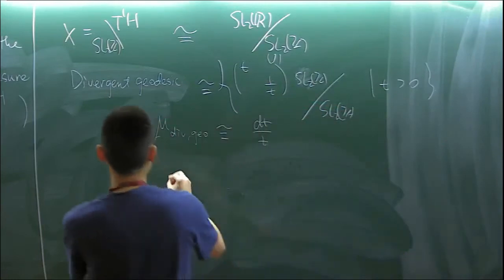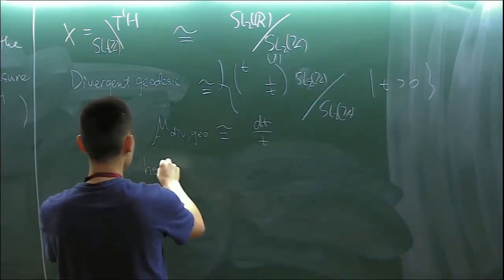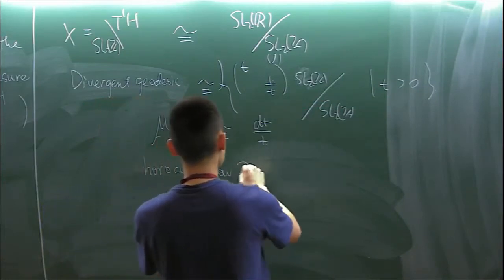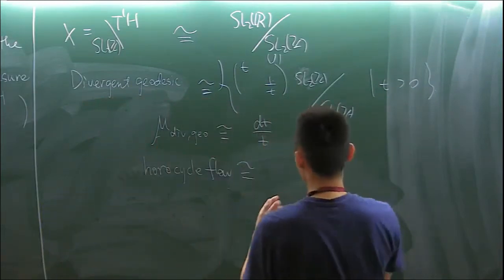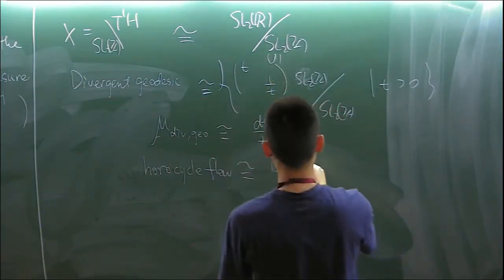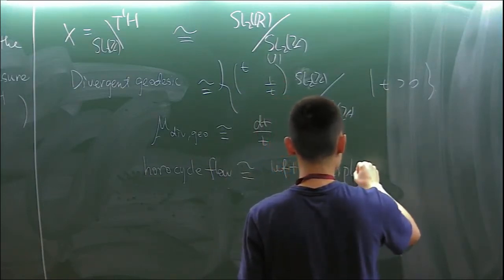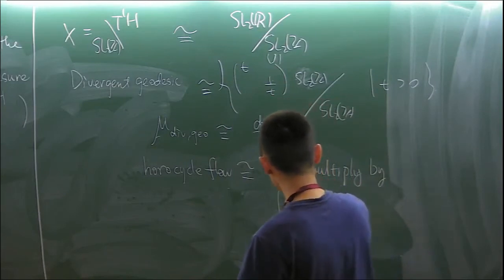Okay. So, and horocycle flow is identified with left multiplication. So I'm quotienting on the right. By this matrix.